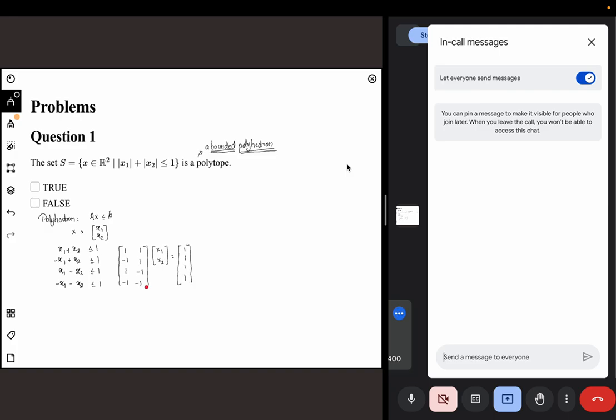So I have 4 rows and 2 columns. This is my A, this is my x, less than or equal to my b. So I was able to write this in this particular form. This means this set of equations, or this particular set given by these equations, is a polyhedron. So now, how do I know that it is bounded?